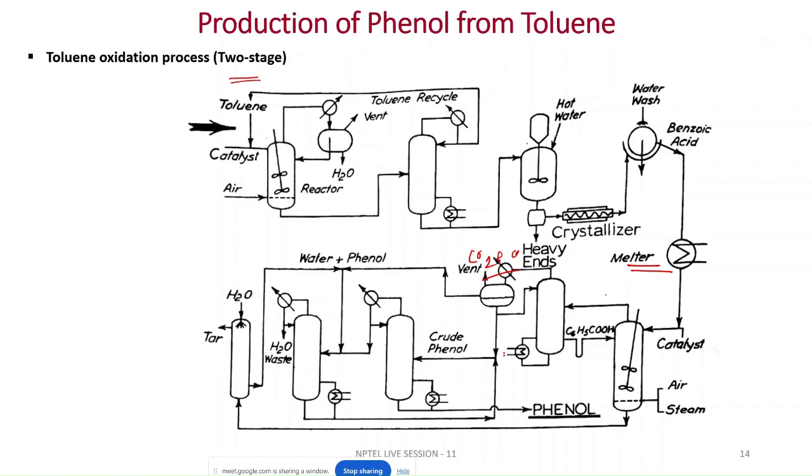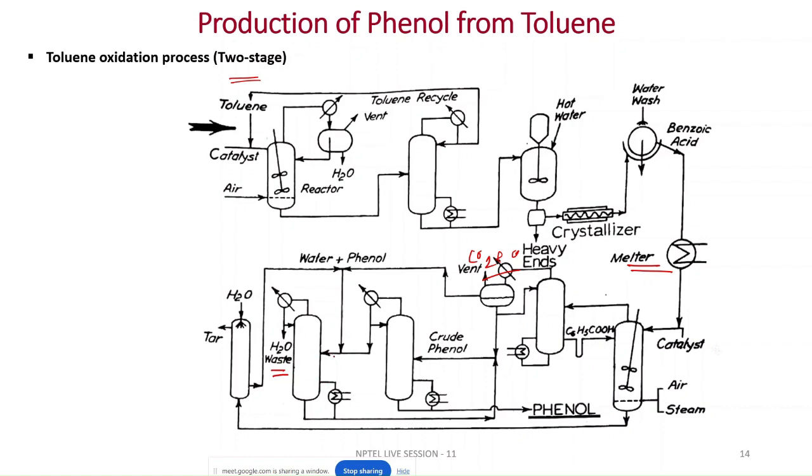In the separator, the bottom product is crude phenol. Crude phenol is produced by this second stage oxidation process. This crude phenol is further taken for purification, and since it has a lot of water content, it is passed to the azeotropic distillation column so that water is removed from the phenol. The phenol product is taken out, and some is recycled back for reducing the water content.